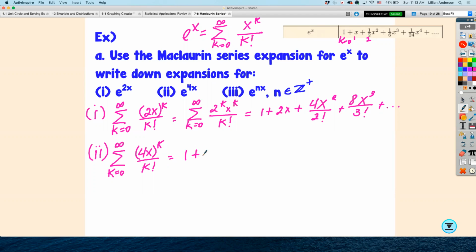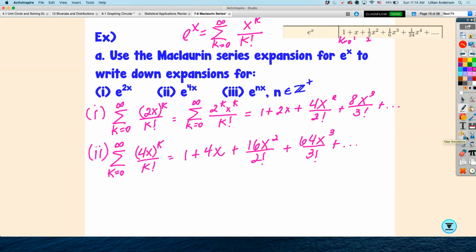Then when we plug in 1 for k, we're going to get 4x over 1, which is just 4x. And then when we plug in 2, we're going to get 16x squared all over 2 factorial, or you could just write 2. And then when we plug in 3, we're going to get 64x to the third over 3 factorial, or you could say 6. And the series continues indefinitely after that.